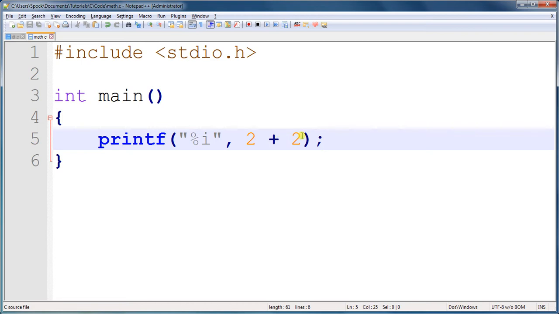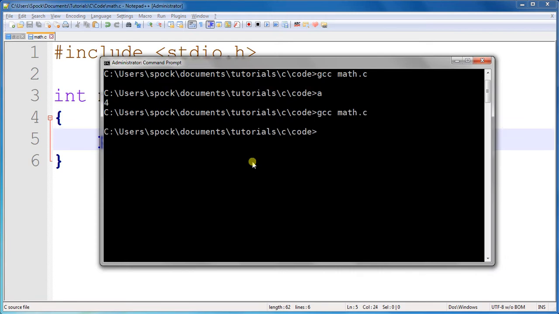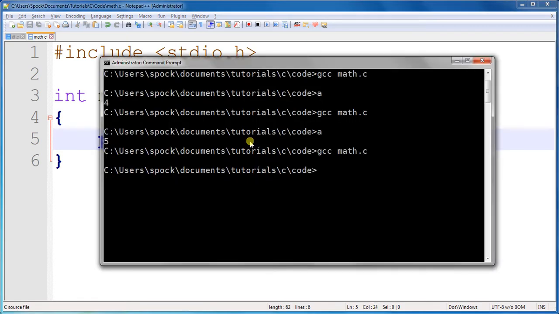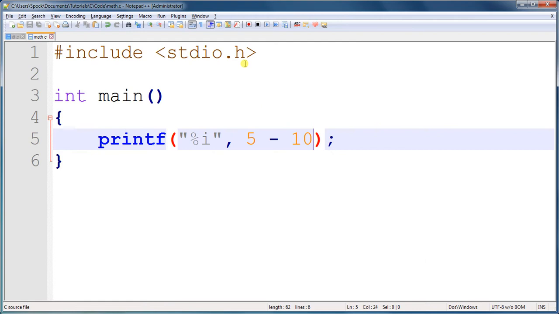So we can also subtract 10 minus 5, and we get 5. Now we could also do 5 minus 10, and we would get negative 5. When you work with mathematical expressions, you can get negative numbers and positive numbers.